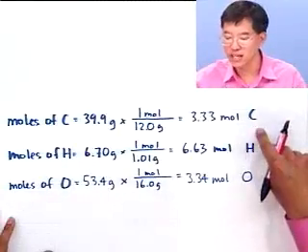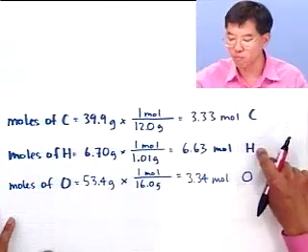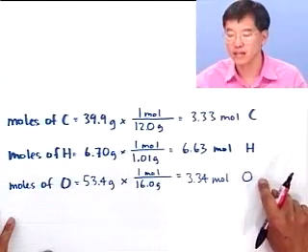Okay, what does that get us? It tells us that the relative ratio of atoms in our molecule is 1 to 2 to 1. It's exactly the same as the ratio of the number of moles of atoms in our sample.